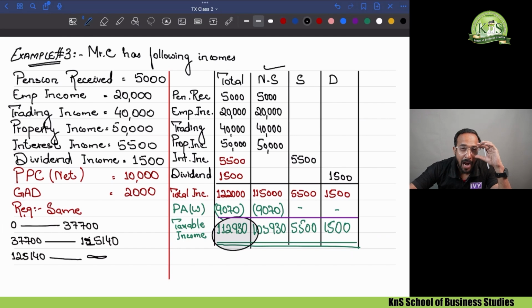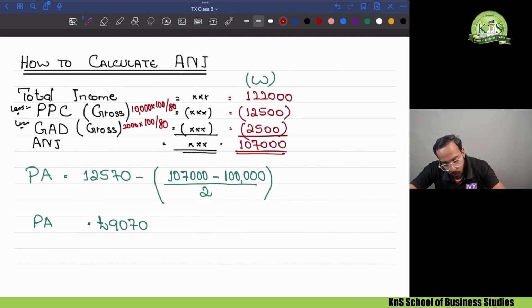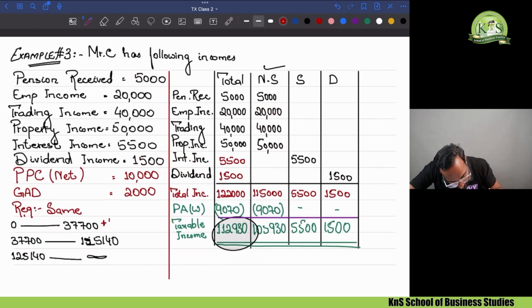Now, how does HMRC encourage personal pension contribution and gift aid donation? See, HMRC says to increase your bands with the gross amount, 12,500 and 2,500. It means 15,000.